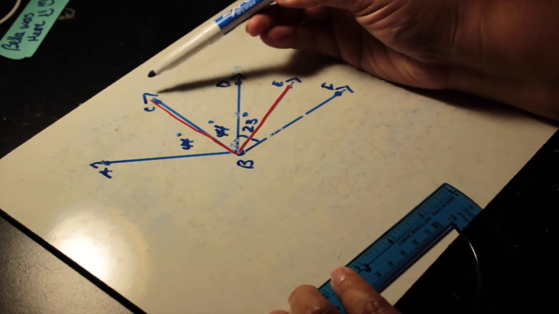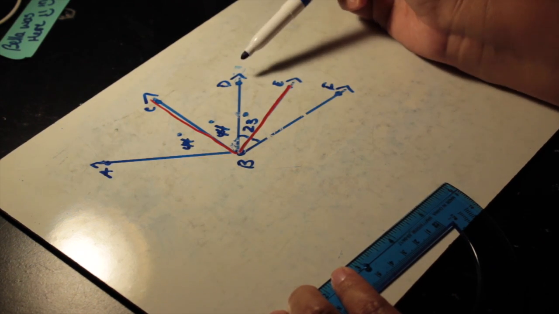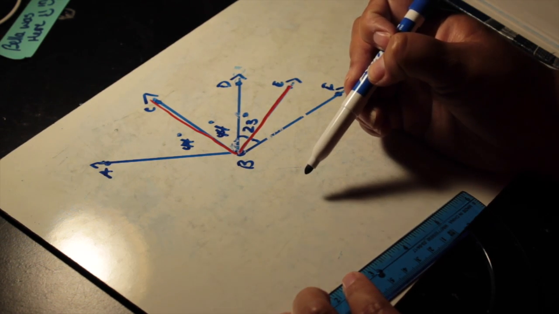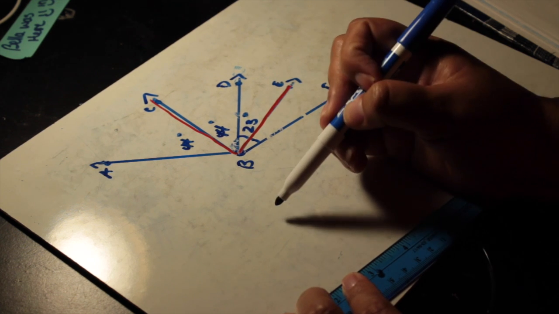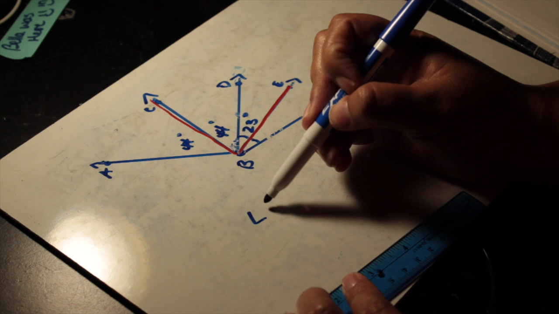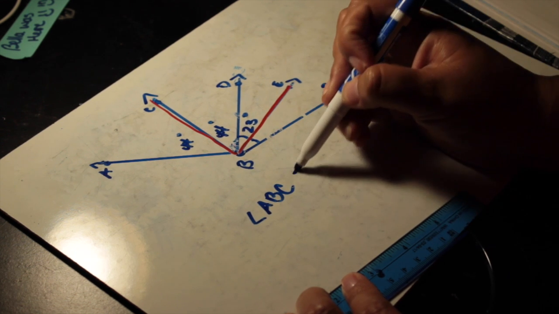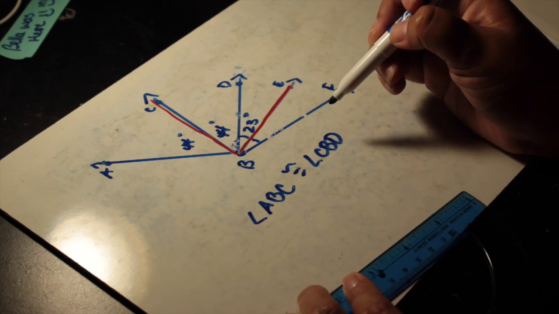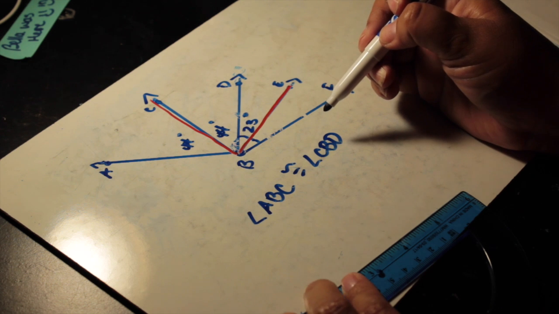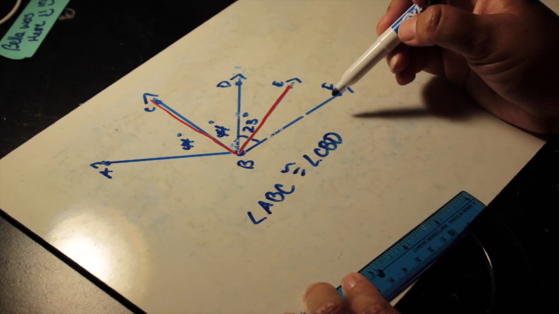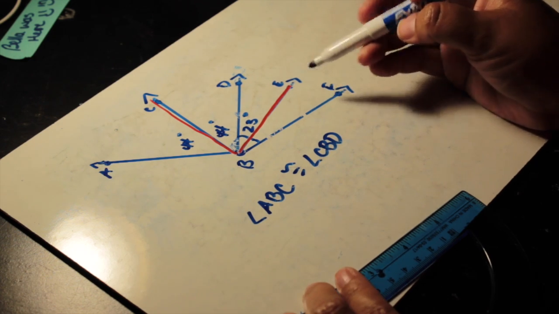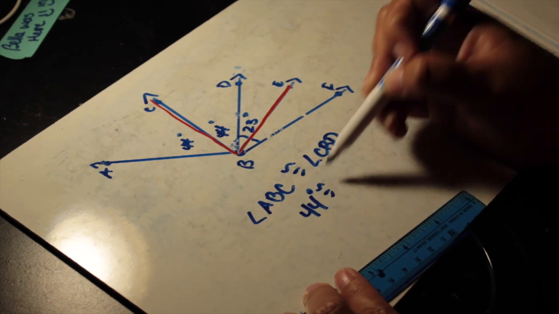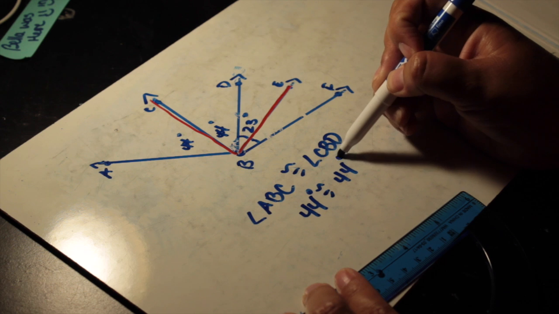Because, like I said, BC bisects ABD, we know that this is 44 degrees. So angle ABC is congruent to angle CBD. Since ABC is 44 degrees, we know that CBD is also 44 degrees.